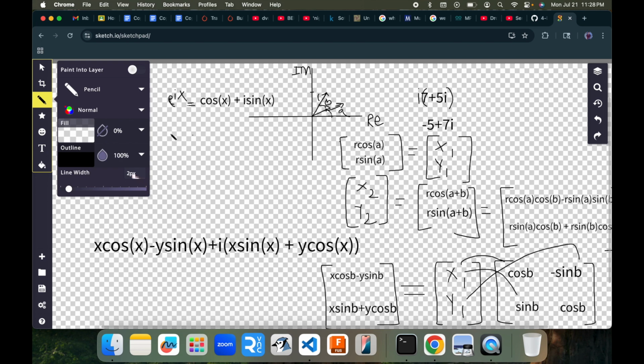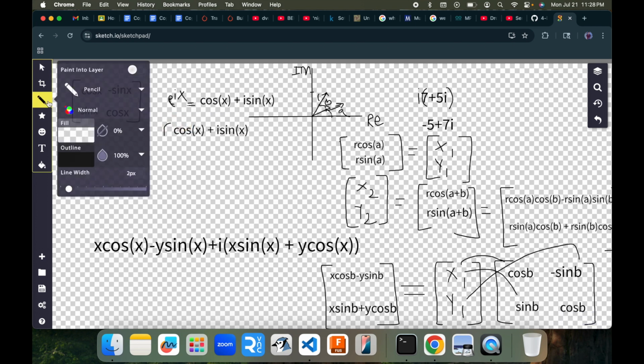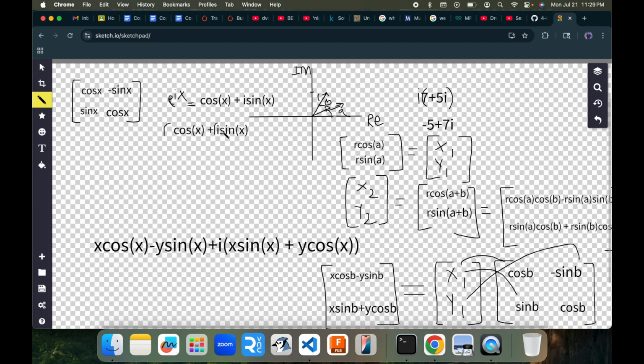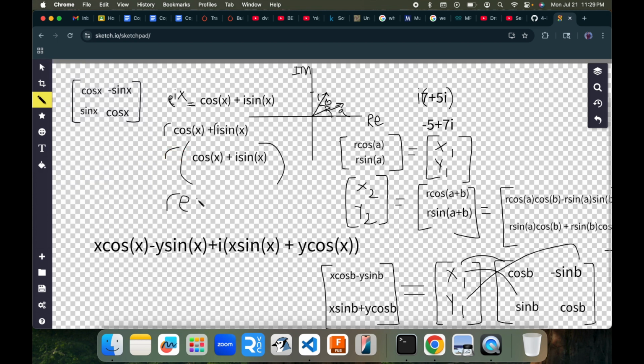The polar form is basically r cosine x plus r times i sine x, and which eventually you would factor out r to be r times this, which would be r times e to the ix.